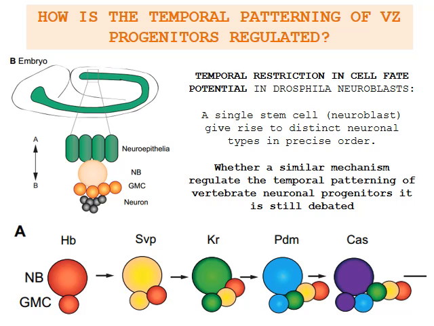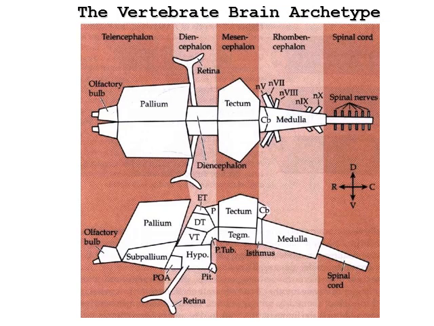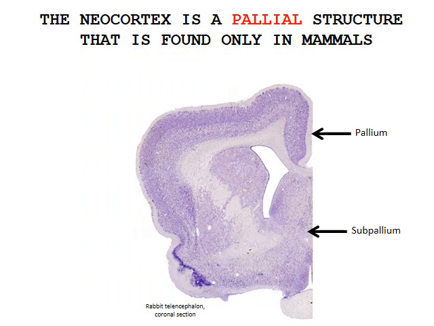Unfortunately, however, the vertebrate picture is much less clear. Probably the vertebrate example in which the temporal patterning of neuronal progenitors has been more deeply investigated is the neocortex, that is a region of the telencephalon.